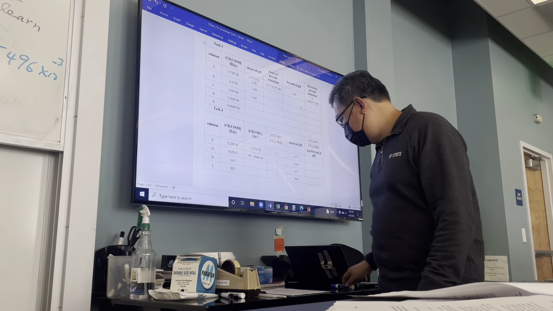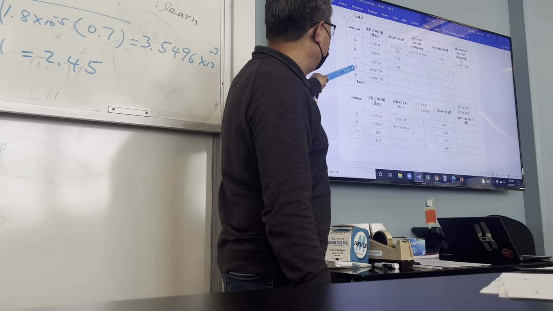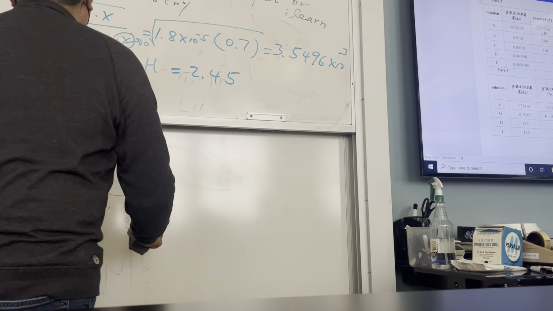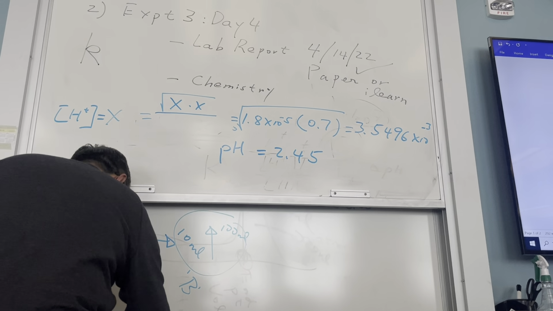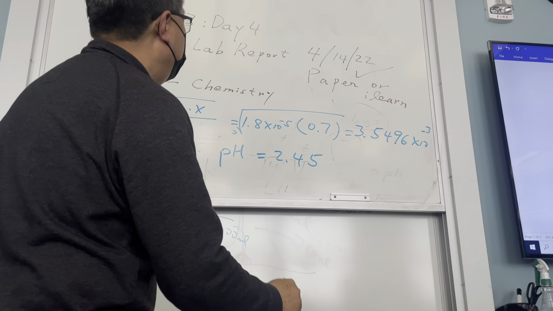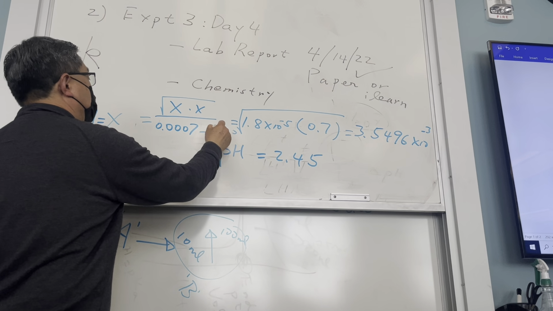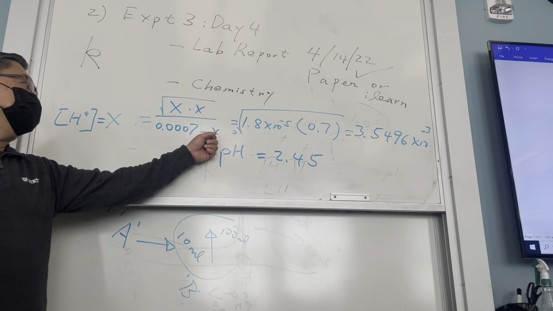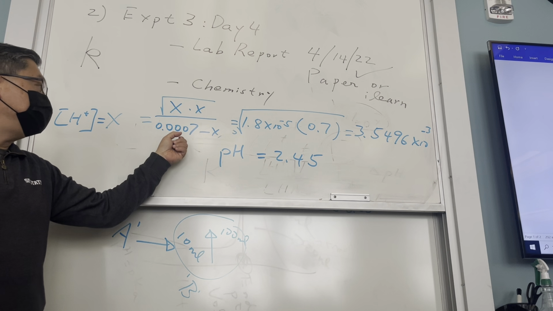But let me caution you, by the time you go to solution D and E, the concentration in here is 0.3 minus X. At that point in time, your X is not small compared to this number.